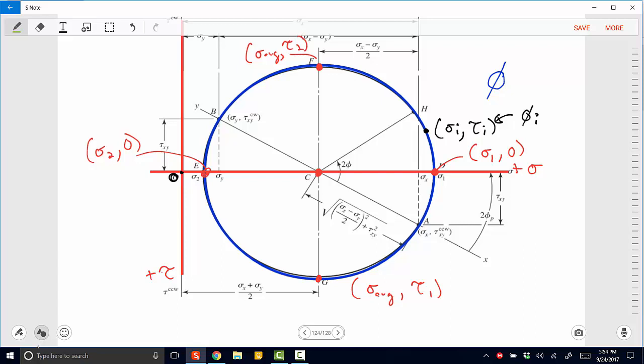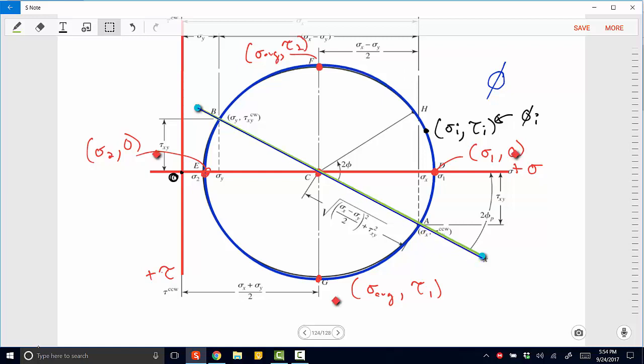Where does that lie? At what point or position around this body does that lie? Well, we'll draw a line to represent where our original state of stress passes through Mohr's circle.